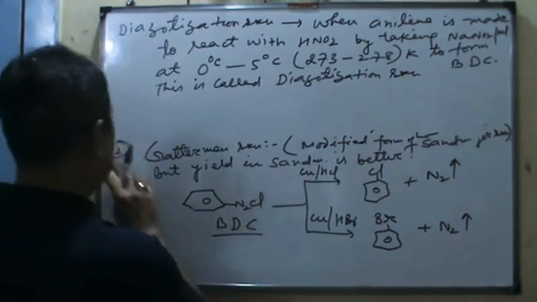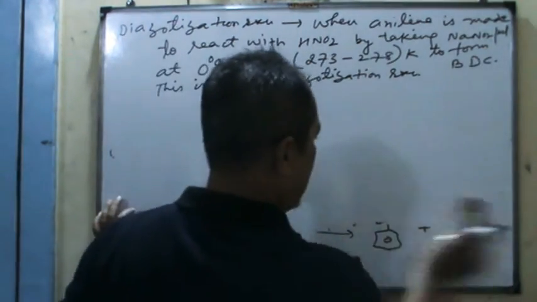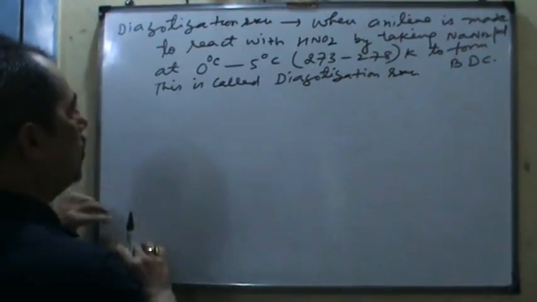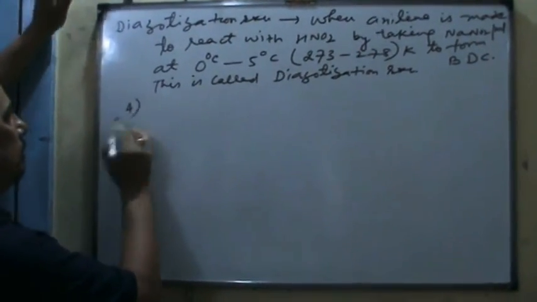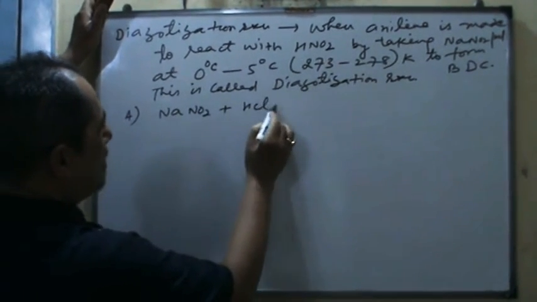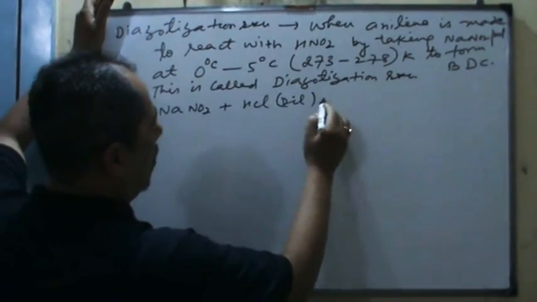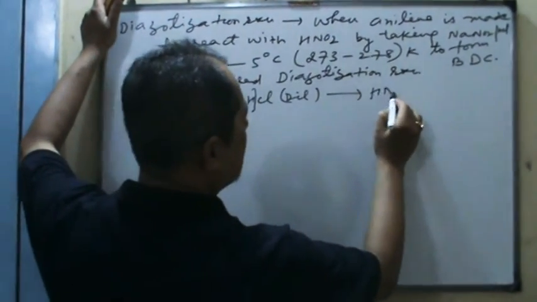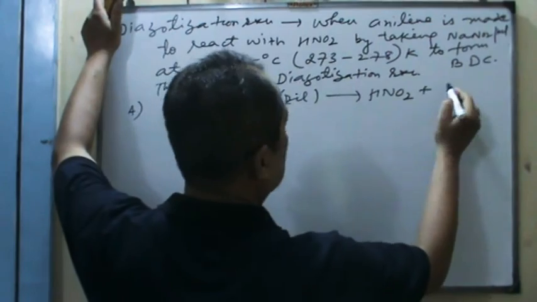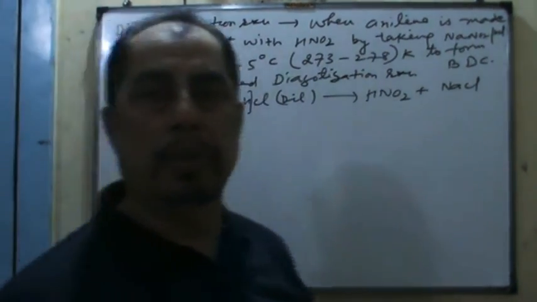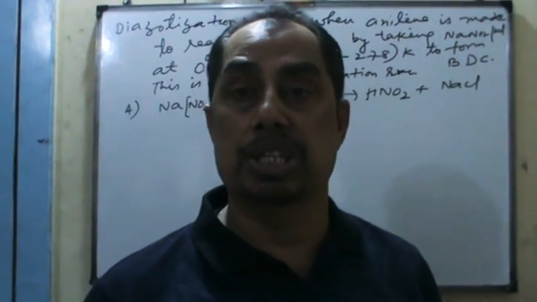So what is to be taken in this reaction? We take first NaNO2 and HCl. In the first part, we take NaNO2 and HCl in dilute form, that forms nitrous acid, which is an unstable acid. That's why it is prepared freshly in situ.